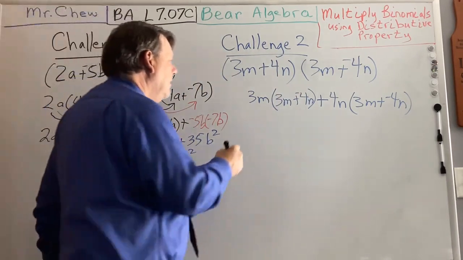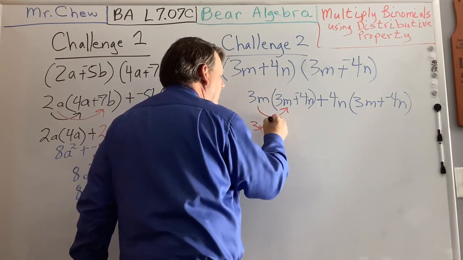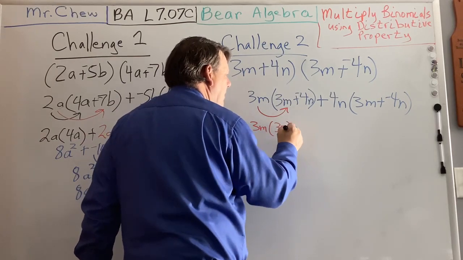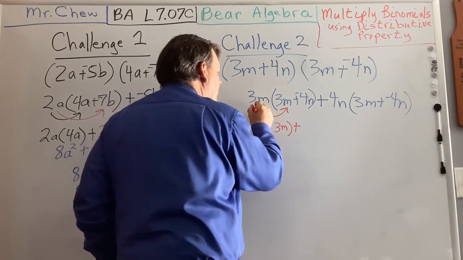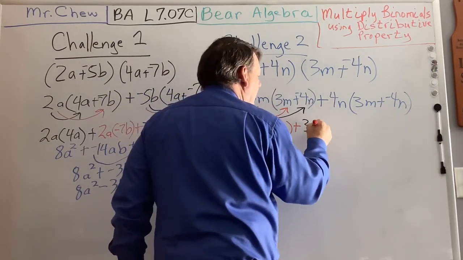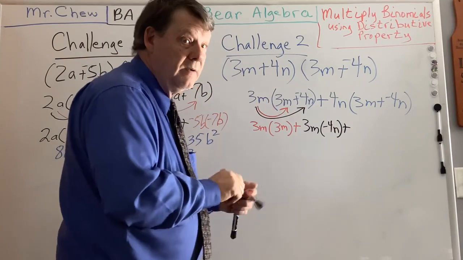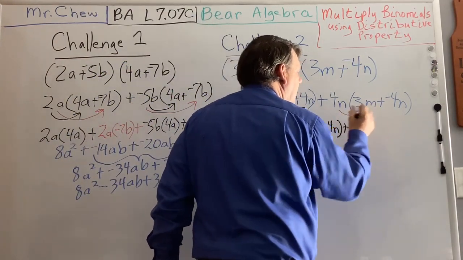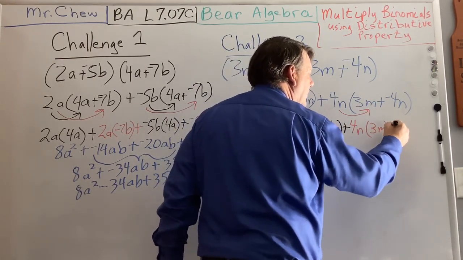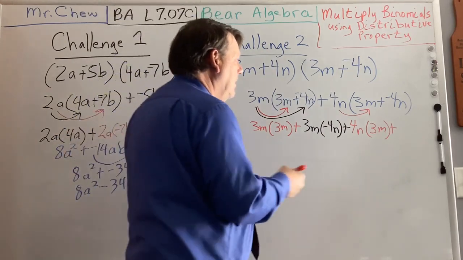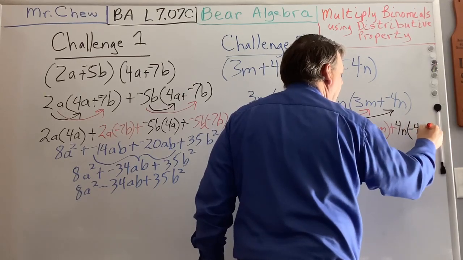Now, you take the distributive property and multiply 3m times 3m plus, now you do your 3m times your negative 4n plus, now you do your 4n times your 3m plus your 4n times negative 4n.